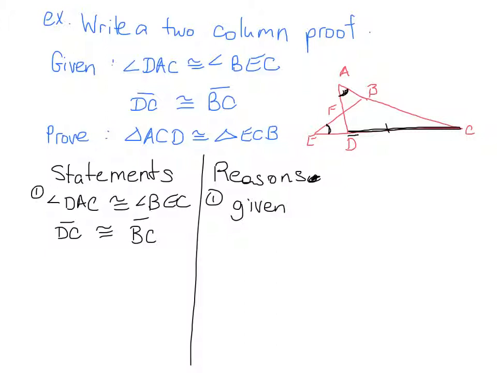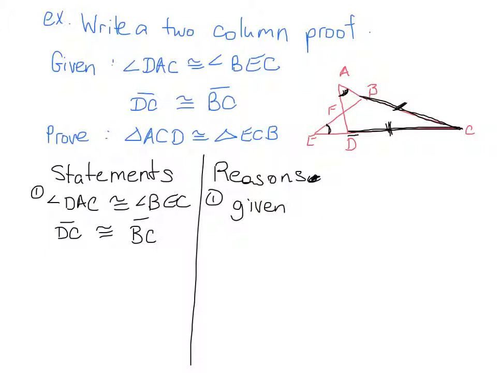So side DC is congruent to side BC. I'm tracing that so we can see it better. That's not a necessary step, but just so you can see that our 2 congruent sides here is just what I traced, not the whole line segment. Okay, so now that's what we're given, and now we have to keep going.